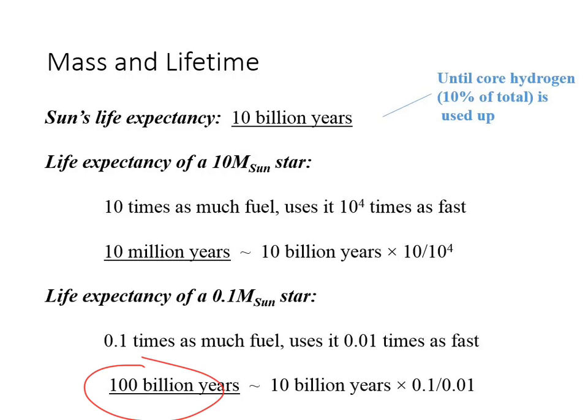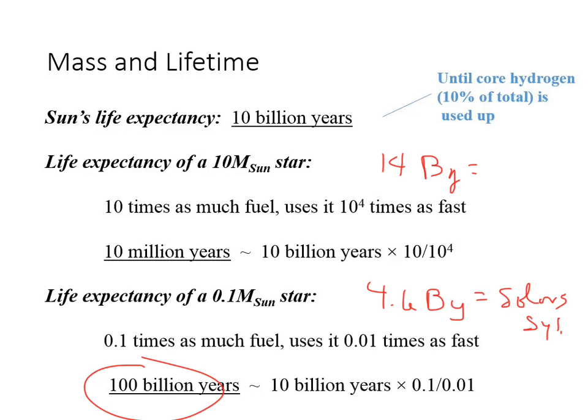So one of the things we talked about in here, I said two numbers to know. One is 4.6 billion years. That's the age of our solar system. And the other number I want you to know is about 14. I might be butchering this, I'll just leave it at 14 billion years.